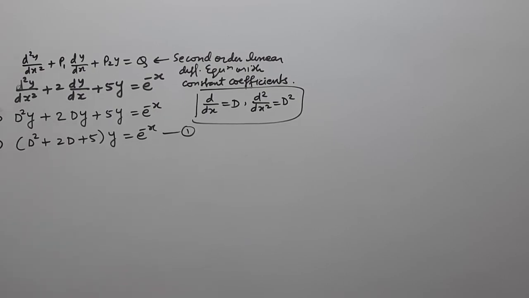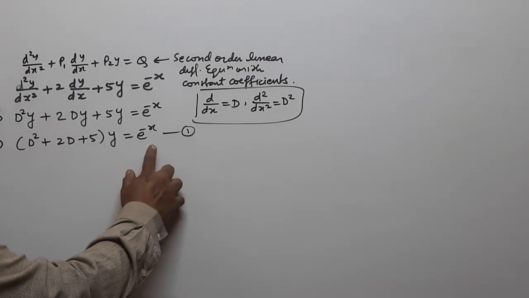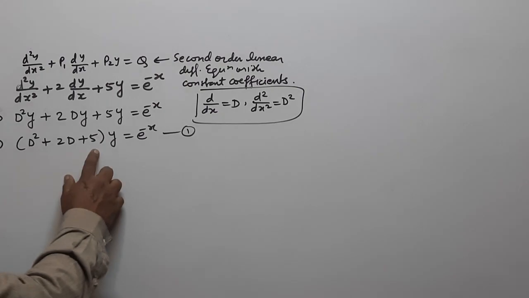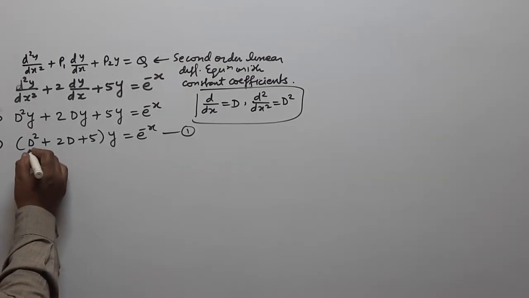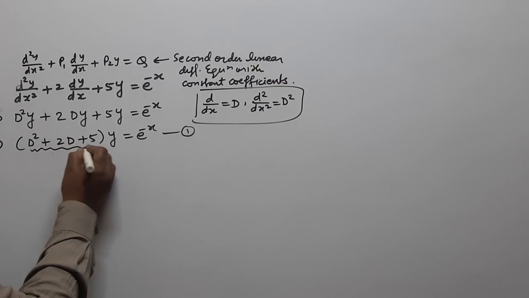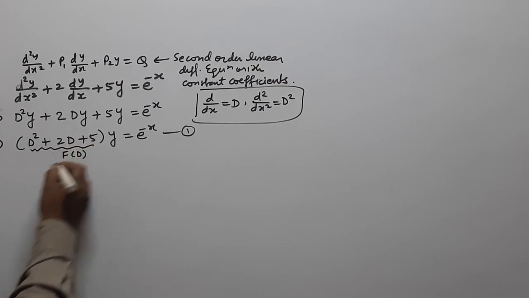We know that the complete solution of this equation can have two parts: one is the complementary function and the other is the particular integral. First we find the complementary function. For finding the complementary function, this part is known as f(D).